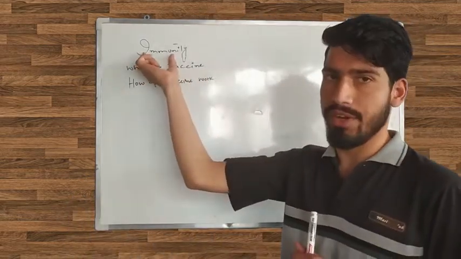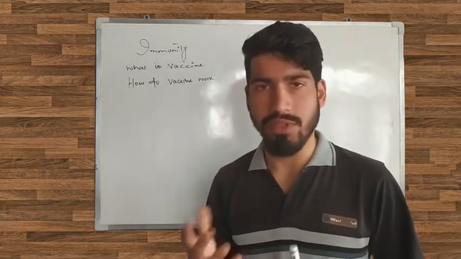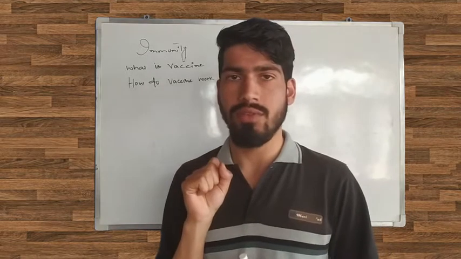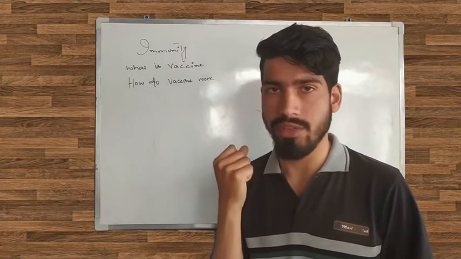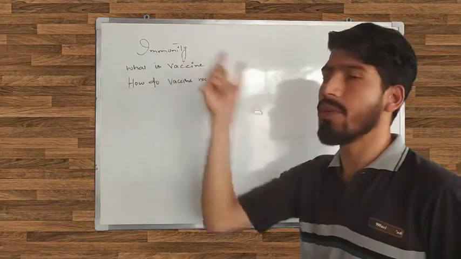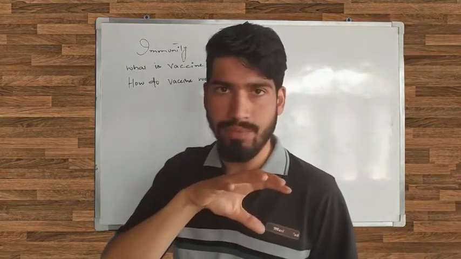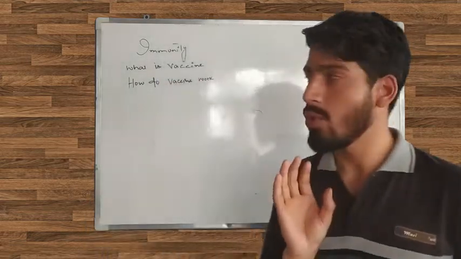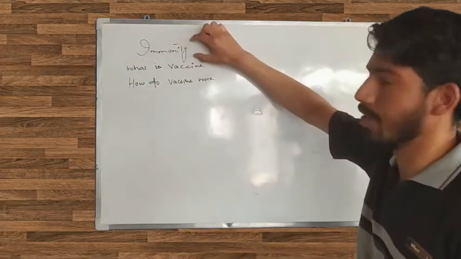If we define this word, when a person or an organism resists a particular infection, a particular disease, by the help of specific antibodies, that's called immunity.